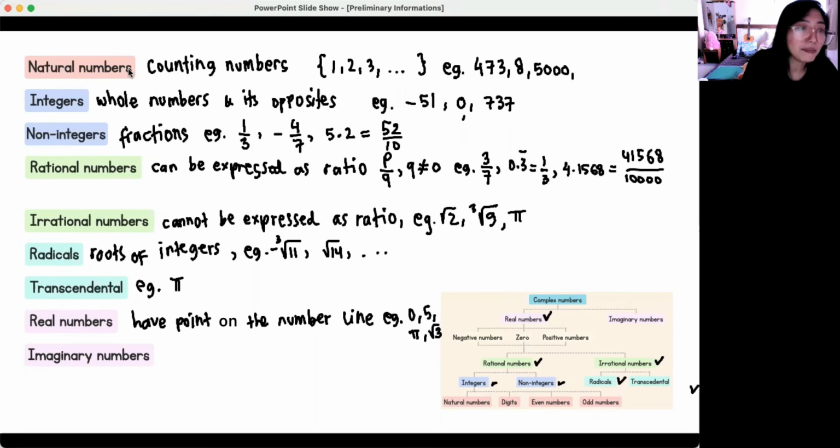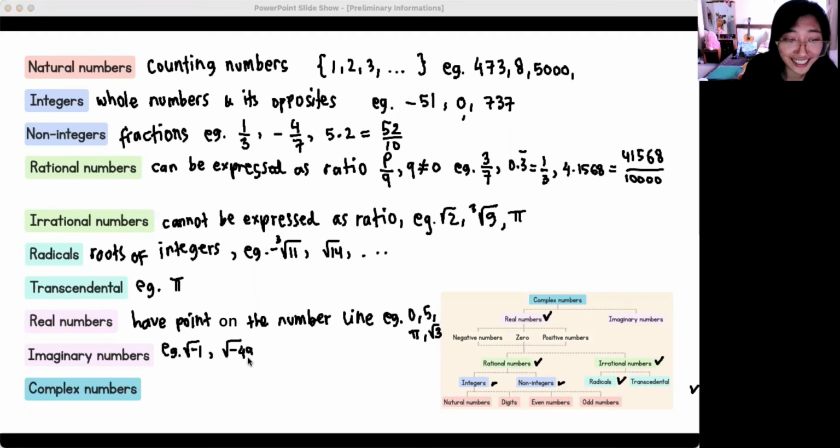What are the examples? The example is square root of negative 1. Can you put square root of negative 1 on the number line? We don't have any point on the number line for square root of negative 1. Or maybe square root of negative 49. Careful with that, yeah. For 49, we can find the square root, 7, but it's negative 49, so cannot.